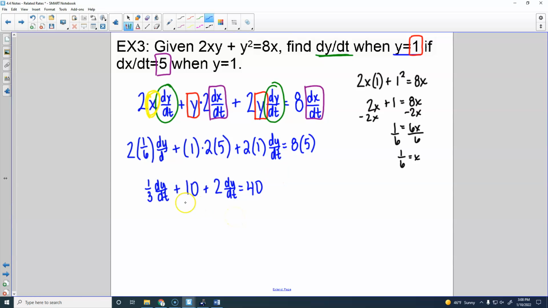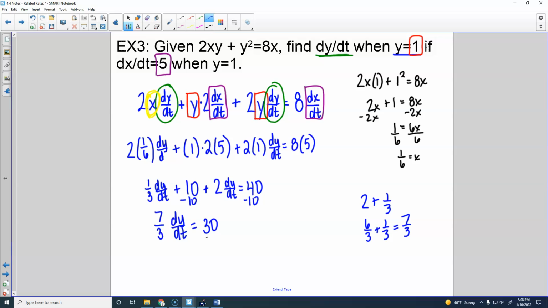Alright, I can put both these dy dt's together. I gotta do 2 plus 1/3, which would be 6/3 plus 1/3, which give me 7/3. 7/3 dy dt. I can subtract that 10, so that would equal 30.